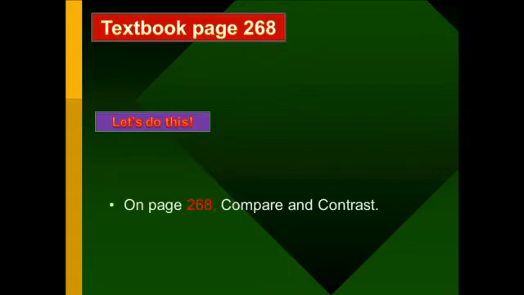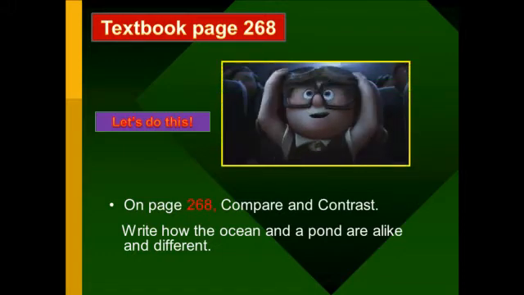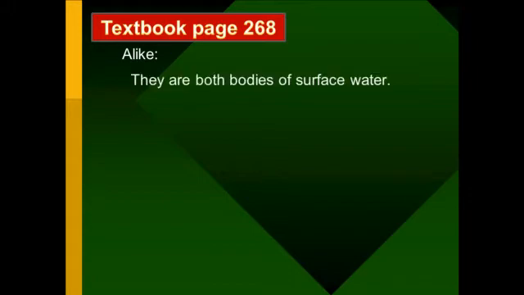Activity time! Let's do this. On page 268, compare and contrast. Write how the ocean and the pond are alike and different. Okay? If you're done with your activity, here's another idea that will enhance your information.